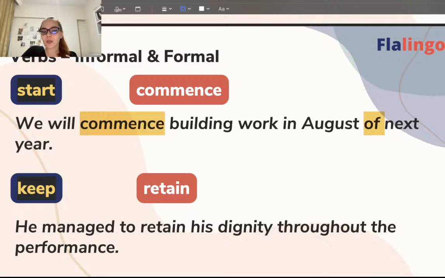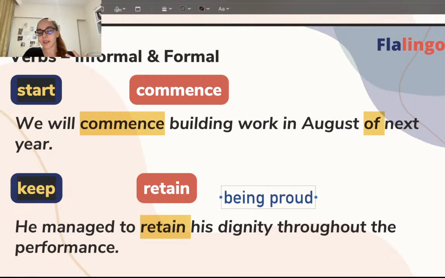He managed to retain his dignity. Dignity means, let's say, being proud. His dignity throughout the performance. He managed to keep, he succeeded, let's say manage and succeed.